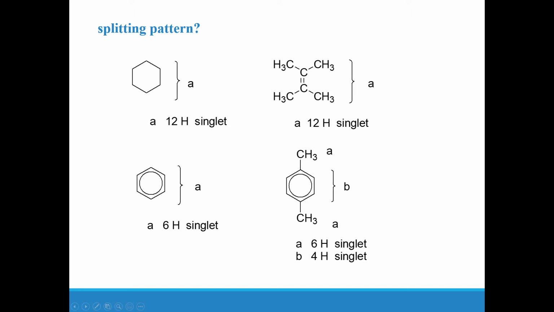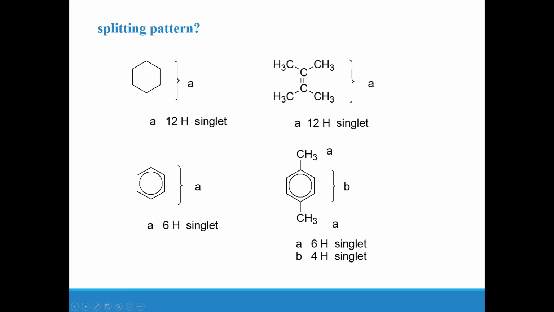So here we have our cyclohexane. Because they're all the same signal, we see that they are a singlet. For the next molecule, because they don't have any neighboring hydrogens, this is also a singlet. For the benzene ring, same as cyclohexane, singlet.